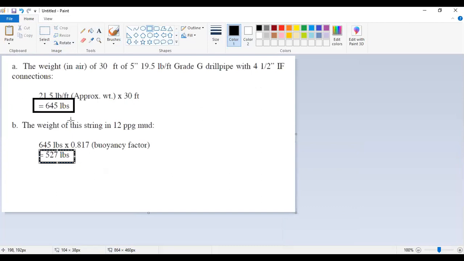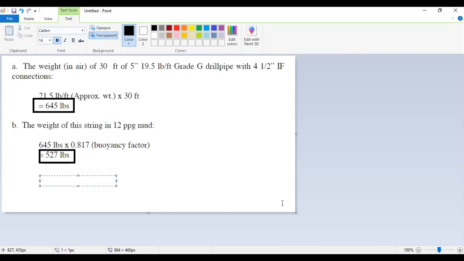One of the functions of drilling fluid is to support the weight of the drill string, and it happens through the buoyancy factor. Using the formula, we see that the weight reduced from 645 to 527. This is the first question that we just saw.